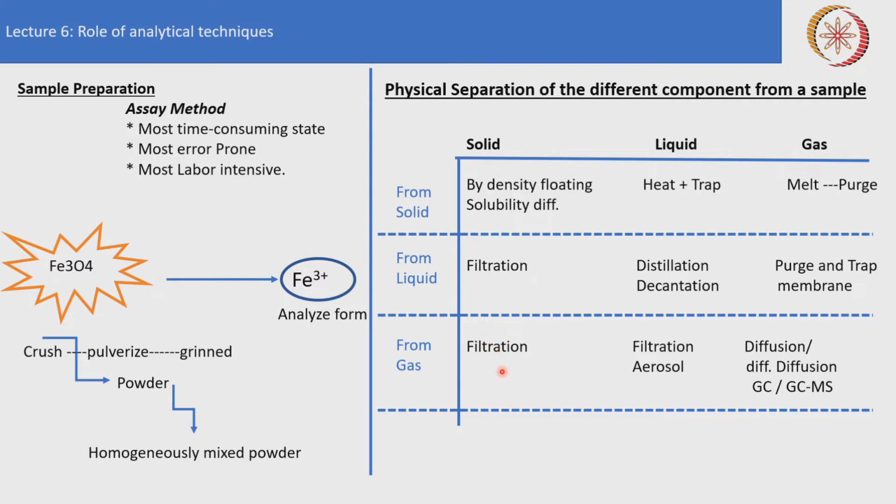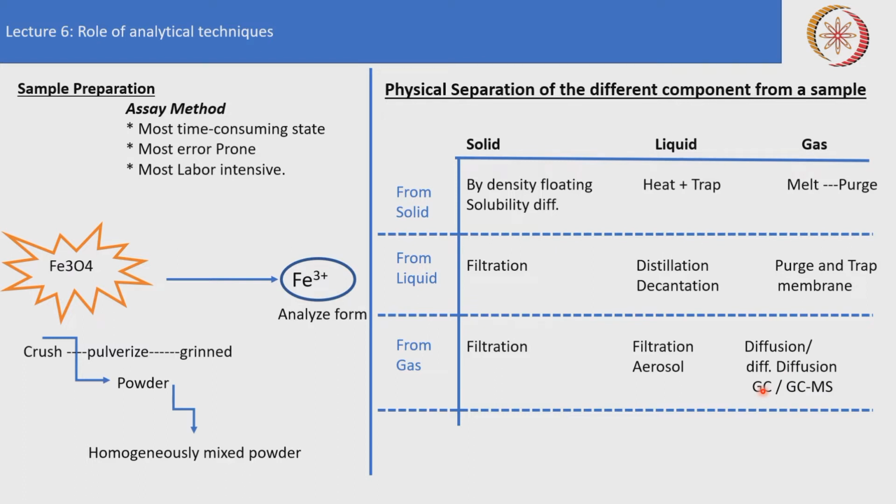Okay. And if it is a gas sample, then from the gas sample you can filter a solid sample by the filtration method. But in these two filtration methods, maybe you have to use different separators. And then in a liquid sample, a filtration process or aerosol process is there. And if you want to separate two gases, then you can do diffusion or differential diffusion.